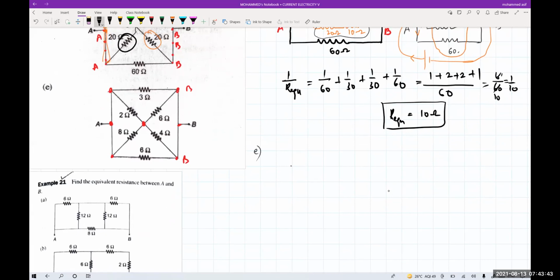First what I'll do, I'll take the first resistance as it is, that is nothing but your point A. So for point A, if I'm taking like this, the resistance above and there is one resistance below.